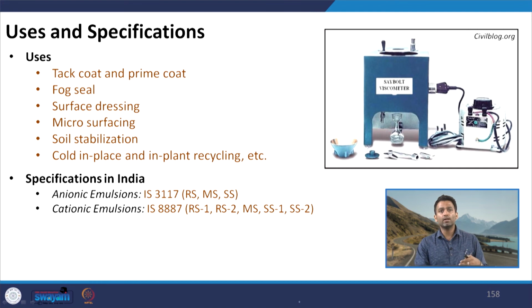One of the standard ways of characterizing the emulsions is through the viscosity values, as I mentioned. So, we can use a Saybolt viscometer, which is typically used in India to assess the viscosity in seconds for the emulsion system.